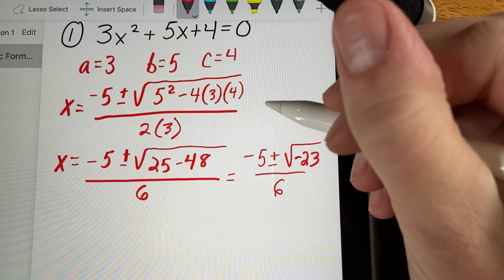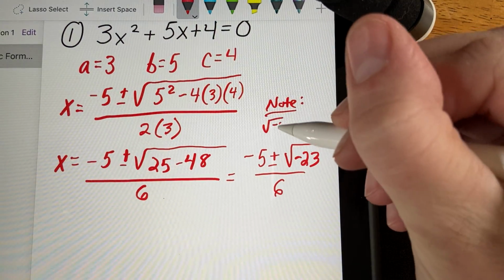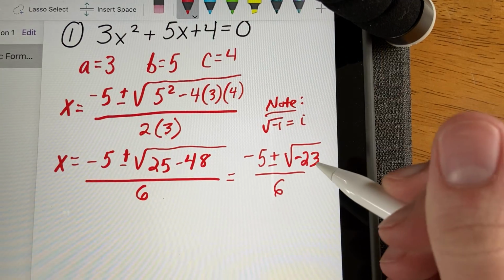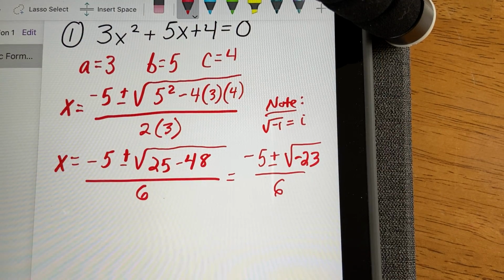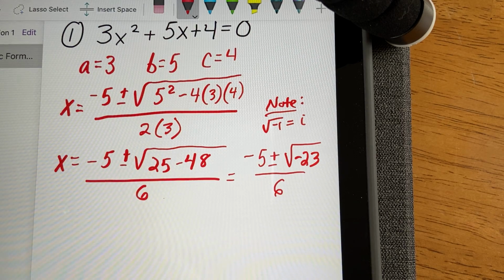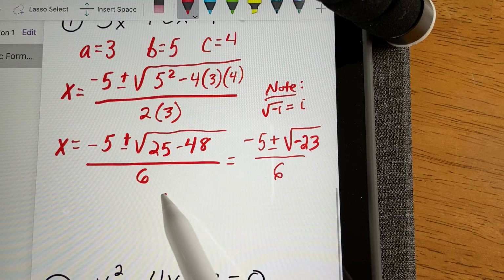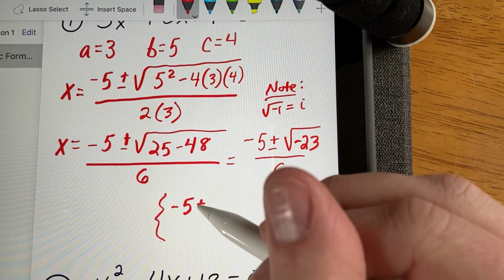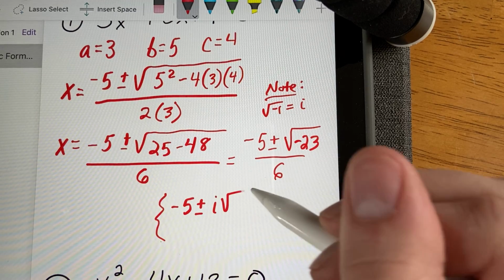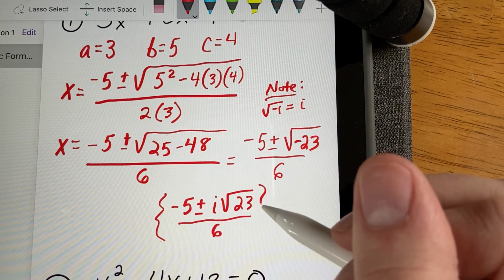Remember, just a little note here, that the square root of negative 1 equals i. So I can take out that negative number and make this i rad 23. So for my solution, I'm going to write it like this. In braces, negative 5 plus or minus i rad 23, and that's all over 6.